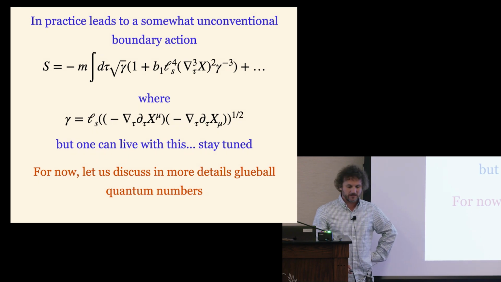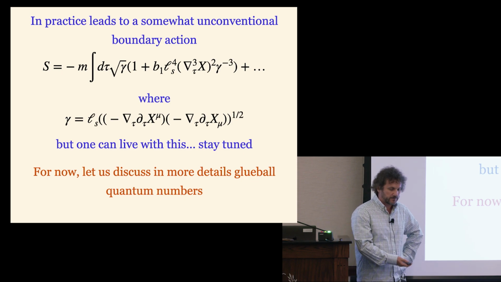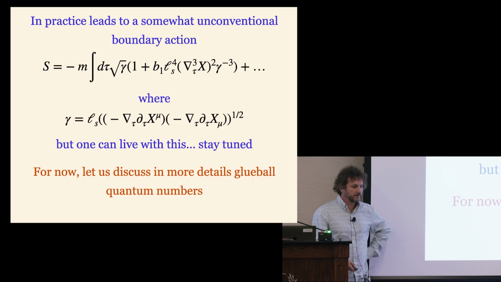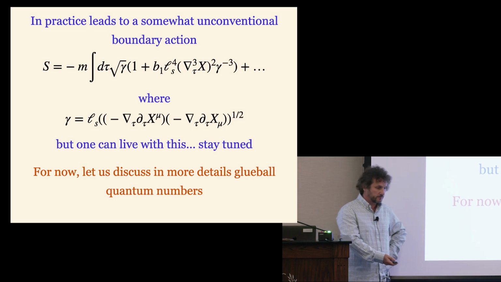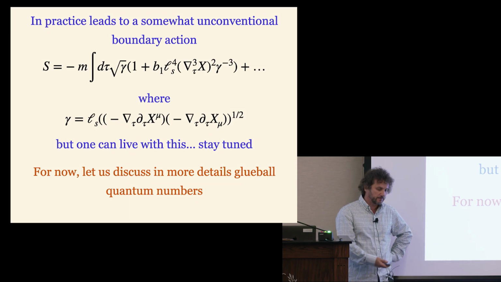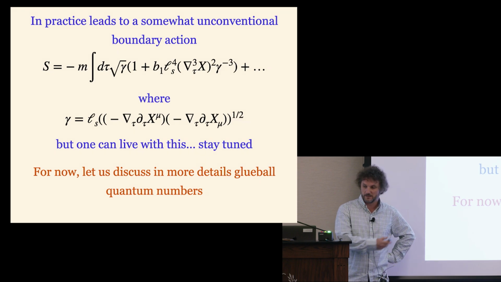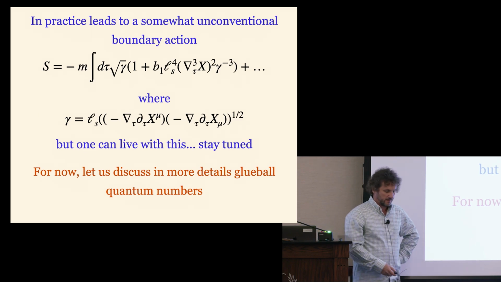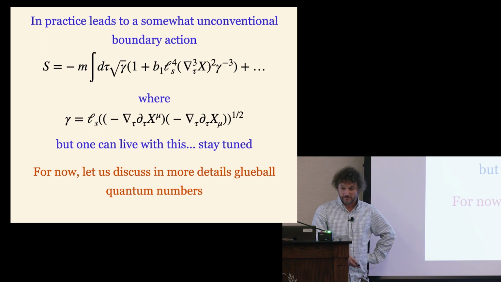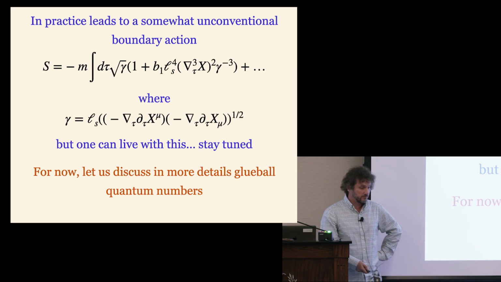So it's somewhat unconventional, but it looks like it provides a way to restore power counting, and one can live with this. At the moment we're working out the consequences of leading order splittings in this power counting scheme. I don't have the results yet, so stay tuned for that.